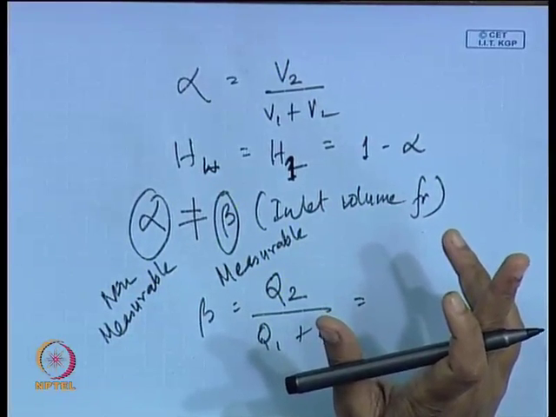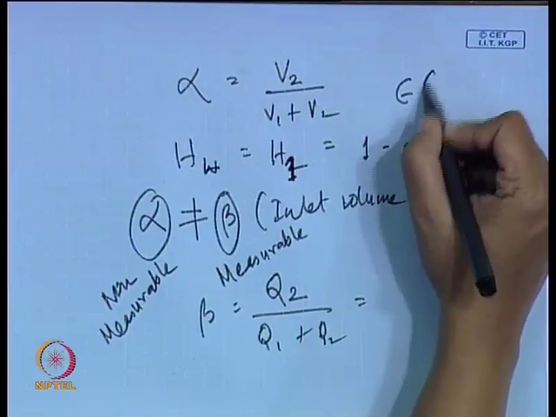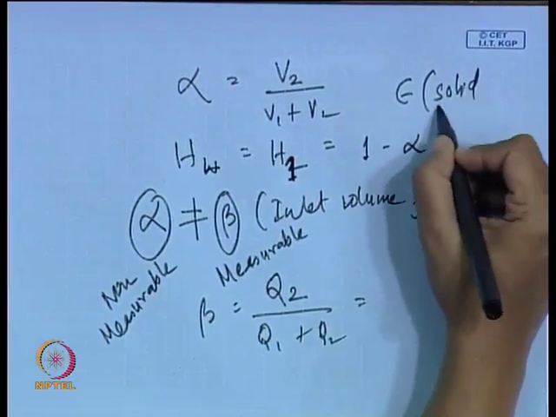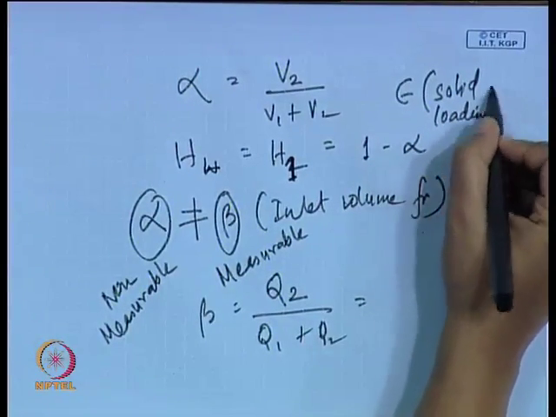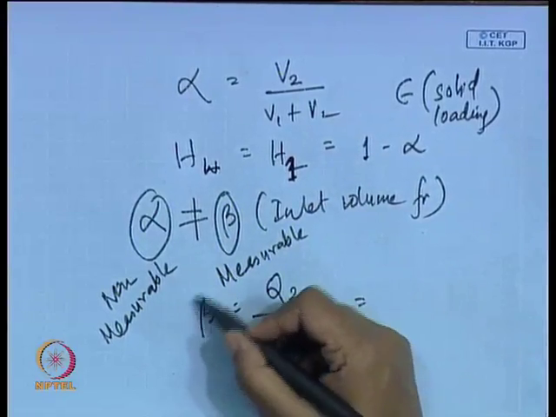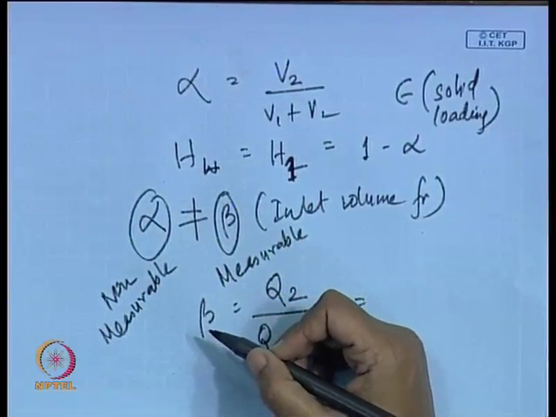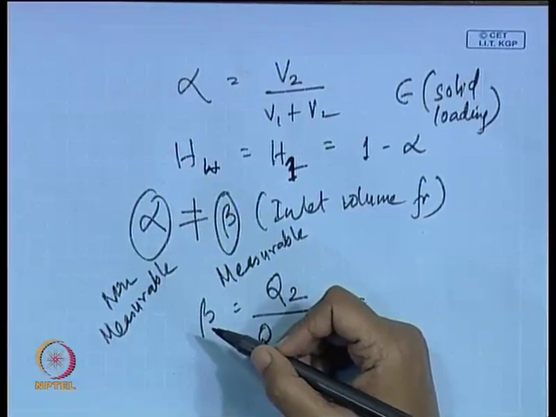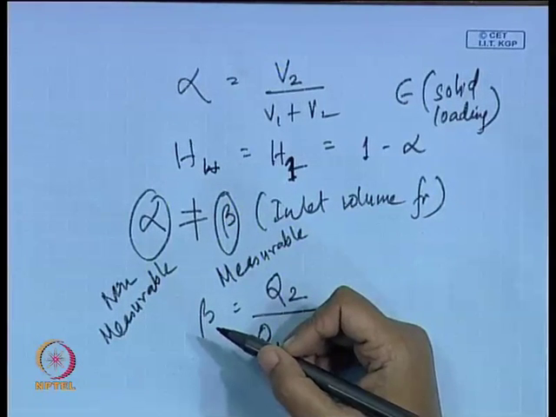Of course, when it is solid liquid, then under such circumstances we usually refer to solid loading as epsilon, unlike alpha. So, whenever we have solid loading, we refer to it as epsilon. But tell me, if I would like to express beta in terms of velocity, how should I do it? Louder?